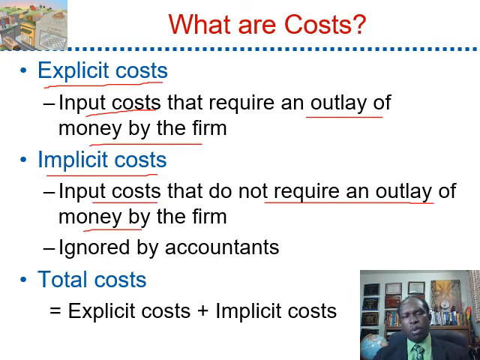An example of implicit cost would be the wages of the owner that he is giving up, he doesn't get paid those wages, for instance. Rent that is not collected by the business owner for using his own house, for instance. These implicit costs are ignored by accountants. Total cost consists of explicit cost plus implicit cost.